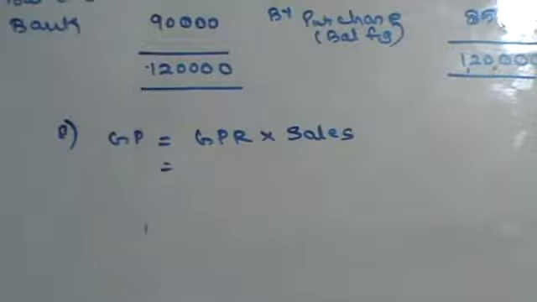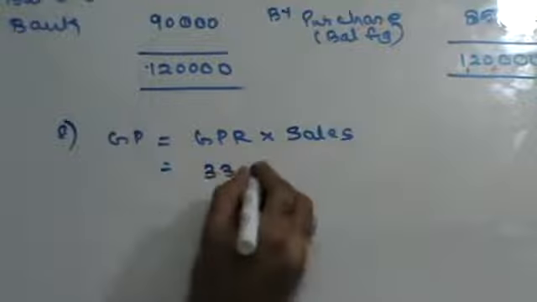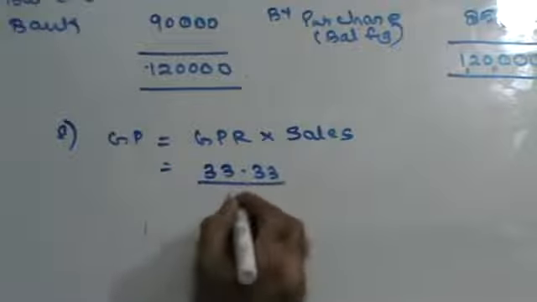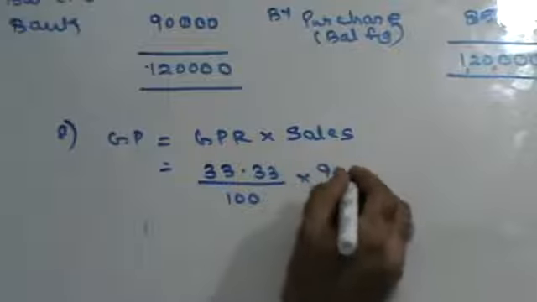Why am I doing it by this formula? Because they've given you on sale, so I don't need to do cost price, selling price and profit, as in the previous lecture we had done. There they had given on cost, so when they tell you on cost you need to do it that way. If they say on sale you can directly do it this way. 33 1/3%, so that is 33.33 upon 100 into 90,000.